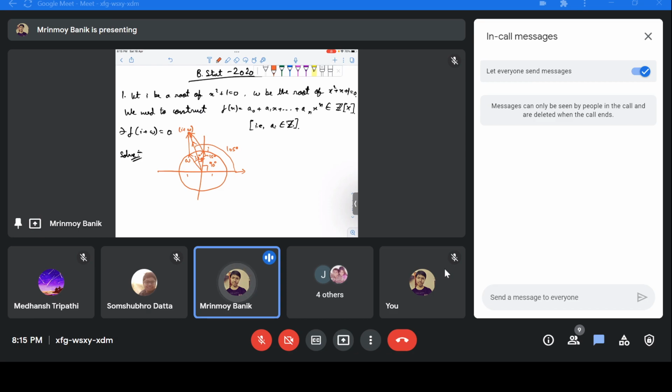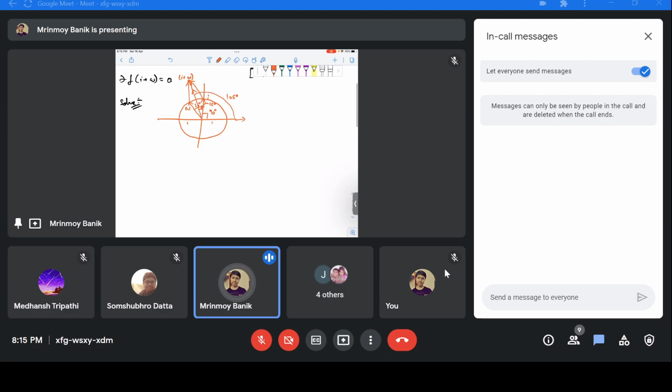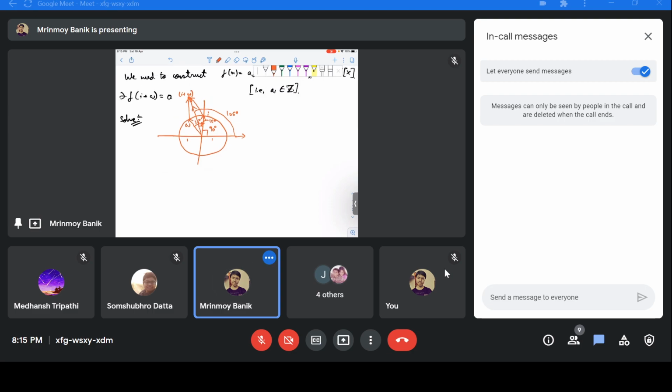This is just a pictorial representation. You can solve it fully algebraically if you want to.